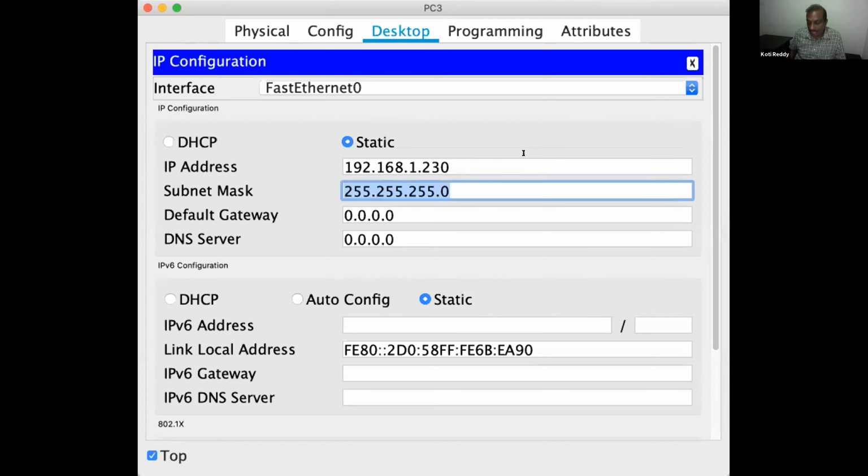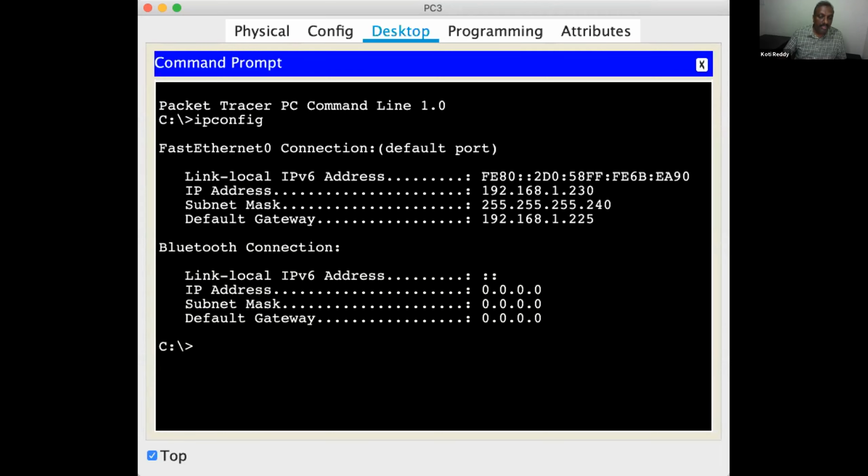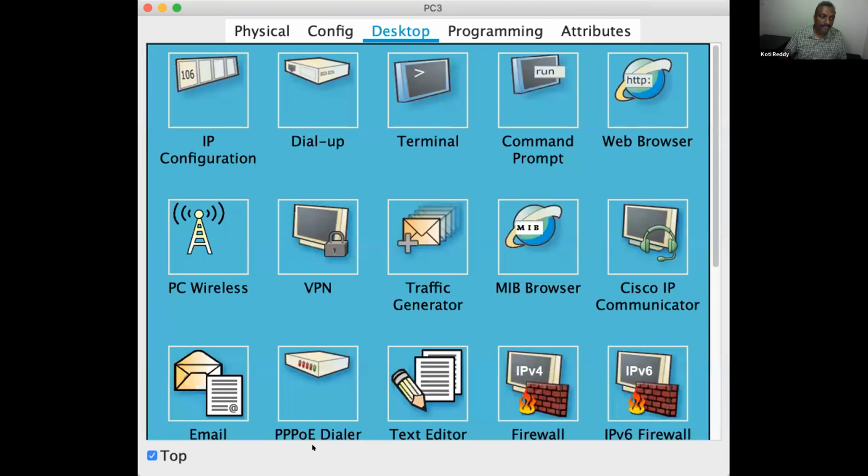What's the mask? /28, 240. Again, the gateway is 192.168.1.225. I go here, go to the command prompt and say IP config. It shows the IP address like this, right? Now I go to the server again.